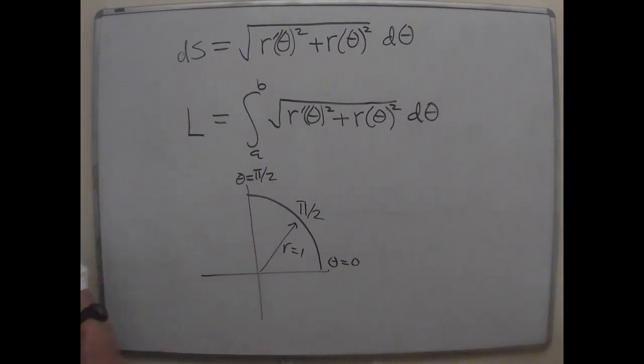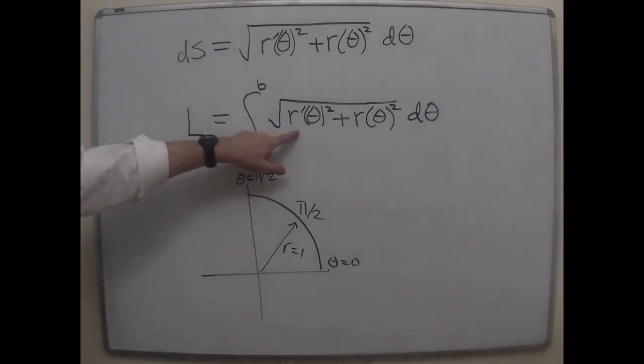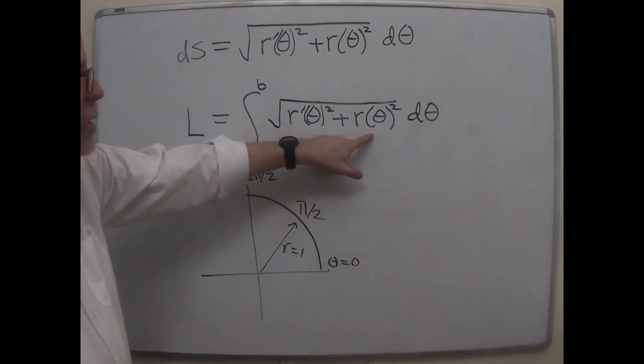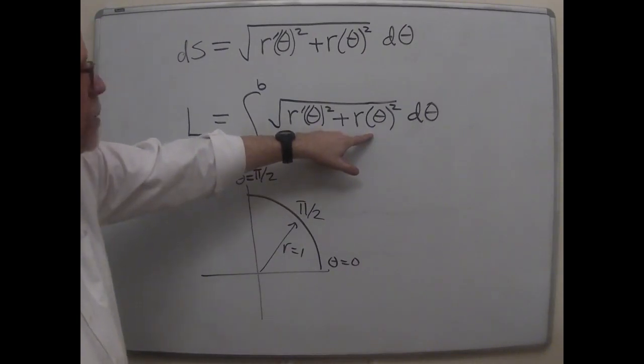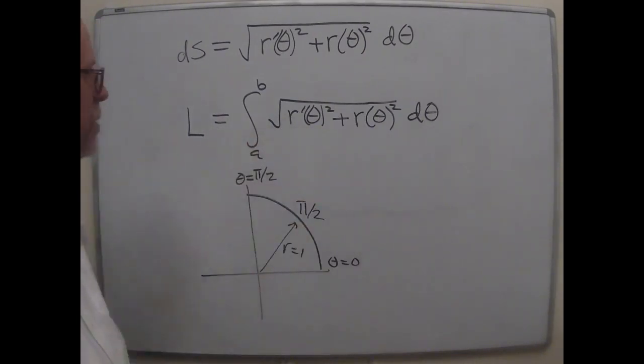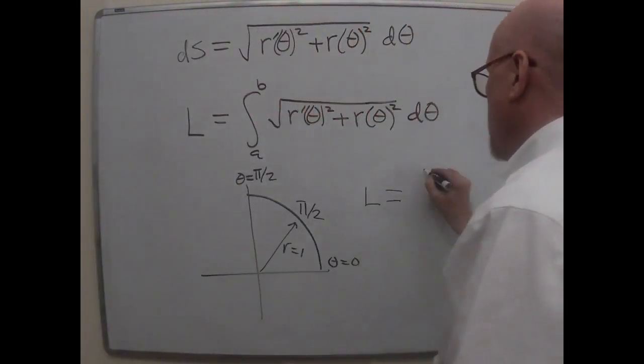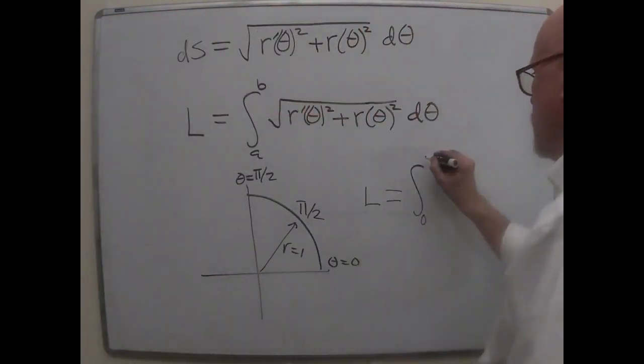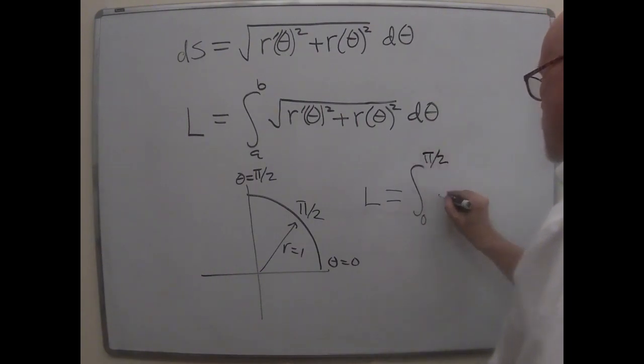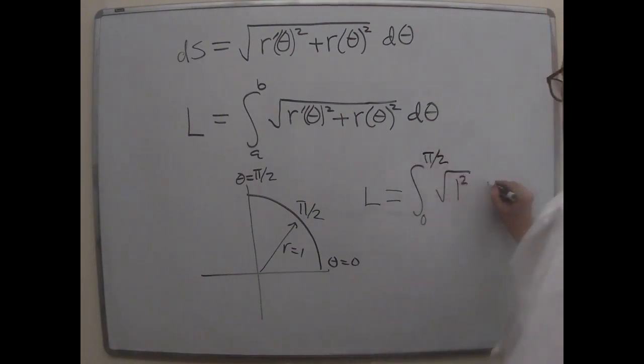What I'm doing is taking the function, r is 1. So what's its derivative? 0. And what's its function? 1. So we've got the square root of 1 squared. So this is just telling us that the length would be the integral from 0 to pi over 2 of the square root of 1 squared d theta.